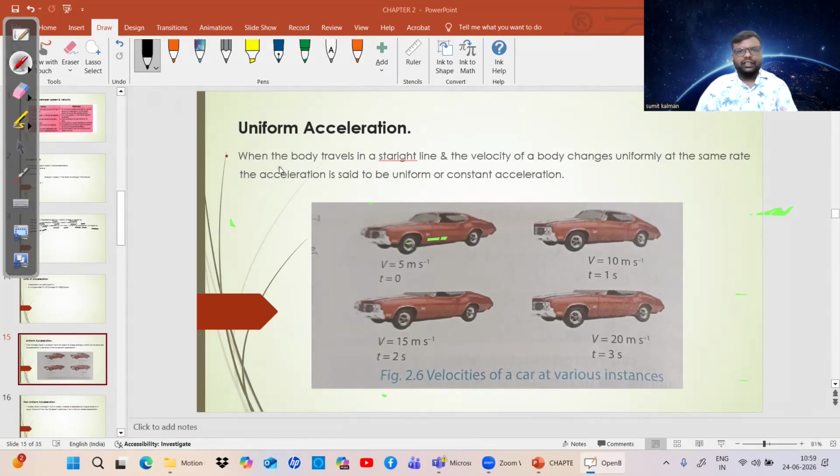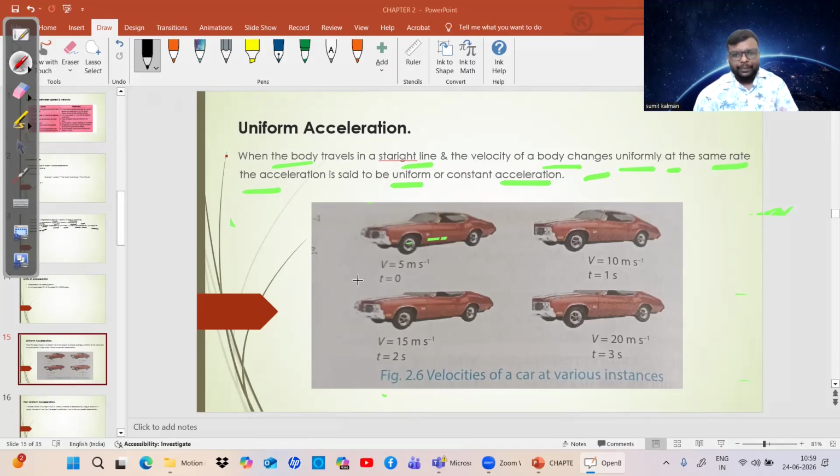Students, here we are studying the motion of a body in a straight line. When a body travels in a straight line and the velocity of the body changes uniformly at the same rate, then the acceleration is said to be uniform or constant acceleration.